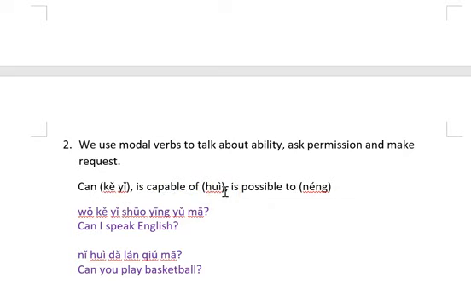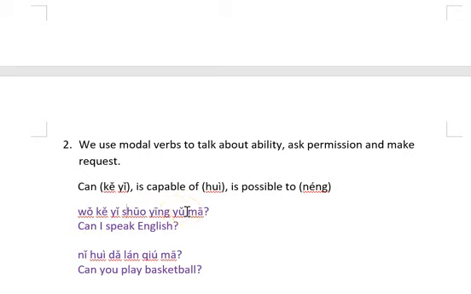to represent that meaning. So let's have a look at these two examples, 可以 and 会. Both are translated as can, but have different meanings. The first one, 我可以说英文吗? 我 means I, 可以 means can, 说 means speak, 英文 or 英语 means English.